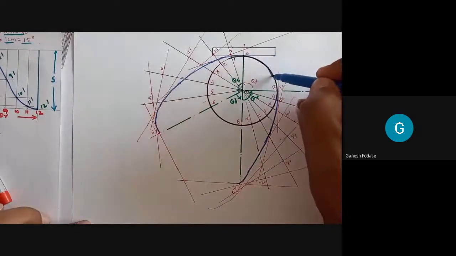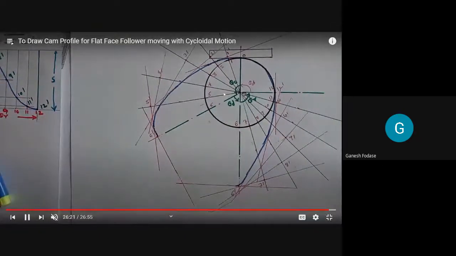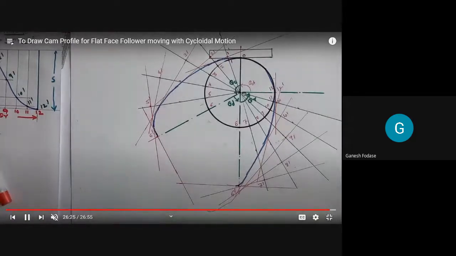So 0 to 12 again, it is dwell here. This portion is dwell. And for the remaining portion, there is 6 dash to 6 dash. We can join them by an arc.